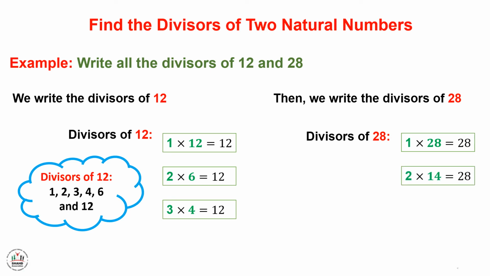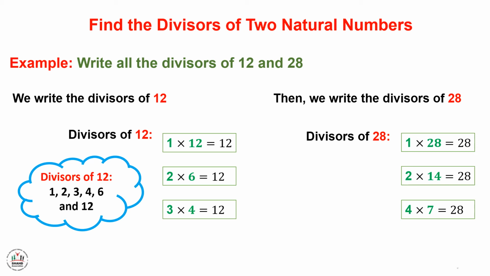Now 2 times 14 is equal to what? Is equal to 28. So 2 and 14 are divisors of 28. And the last one, 3 times something gives me 28.